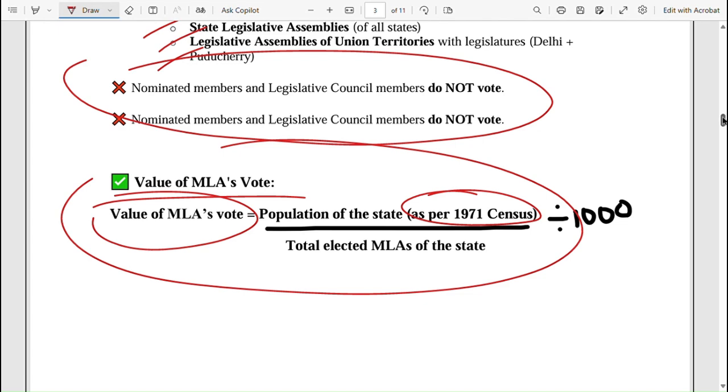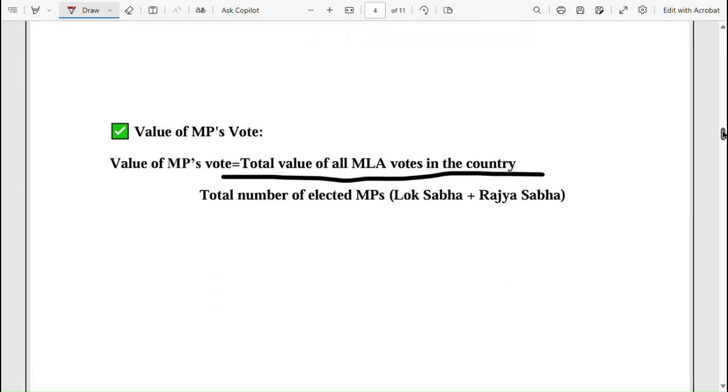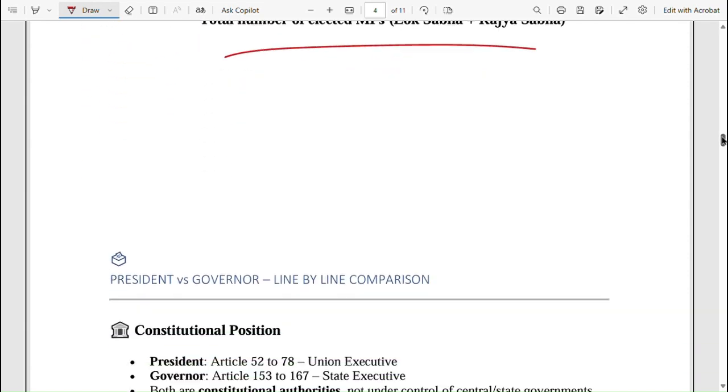Whereas for MPs, the value of an MP's vote is equal to the total value of MLAs' votes in the country divided by the total number of elected members of both Lok Sabha and Rajya Sabha. So that is the difference.